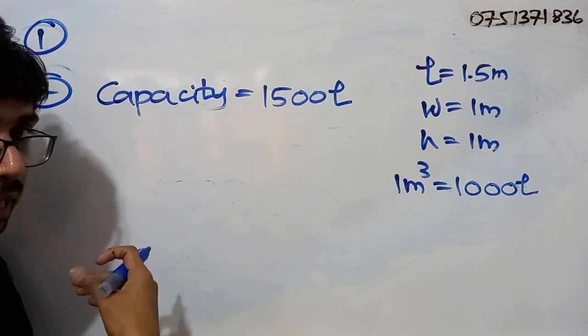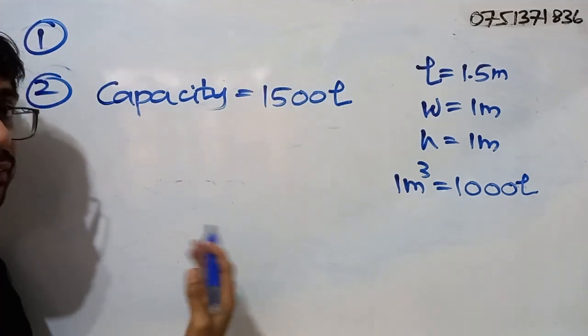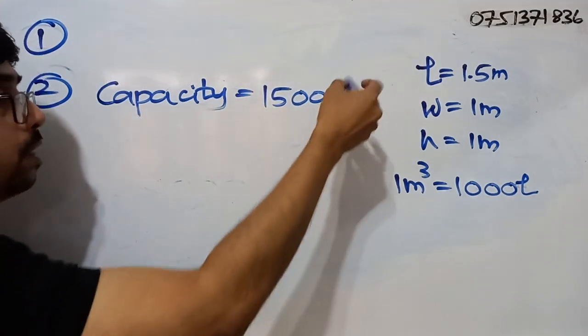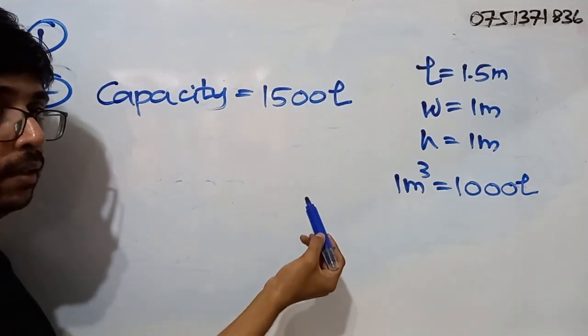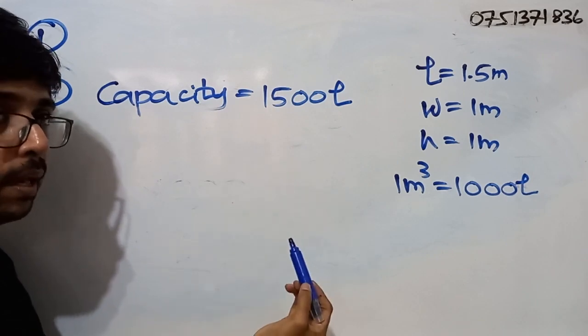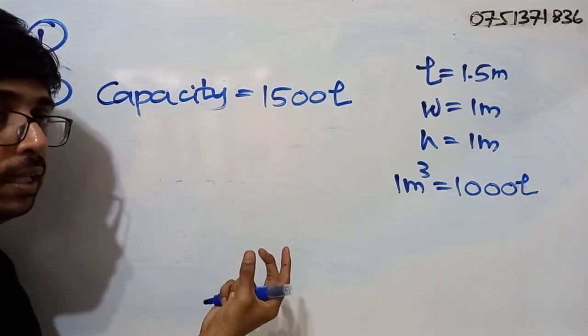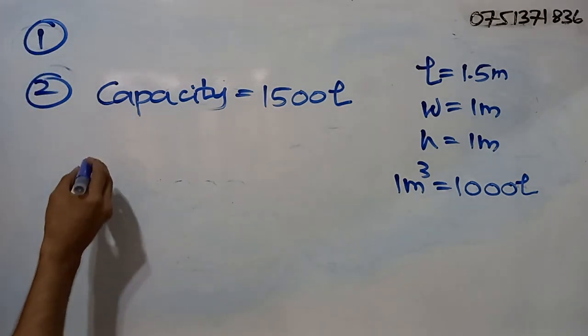And if we need to find how many days that this capacity of water will last, what do we have to do? We have to divide this value by 300. Why is that? This is the capacity that we have. 300 means what? The amount of water that the residents use daily, right?